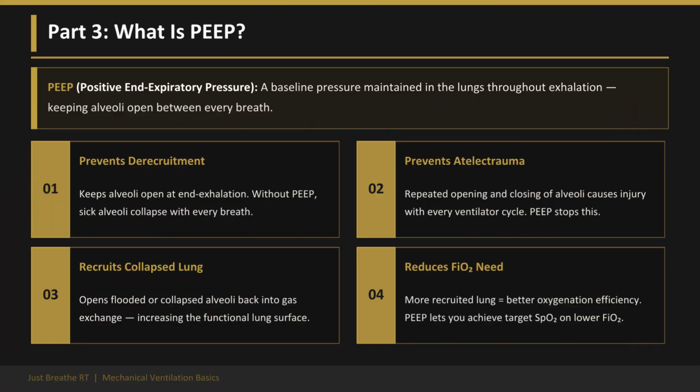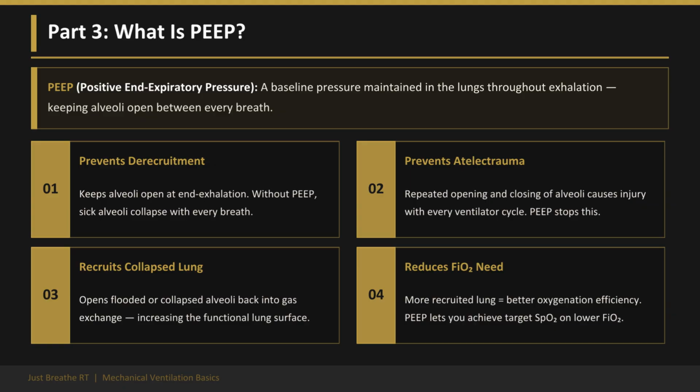PEEP. Positive end expiratory pressure. If FiO₂ is how much oxygen we deliver, PEEP is how we keep the lungs in a position to actually use it. Here's the physiology. When a patient exhales, the natural tendency of the lungs is to recoil, to deflate. In a healthy lung, some alveoli stay open because of surfactant and the structural integrity of the lung tissue.